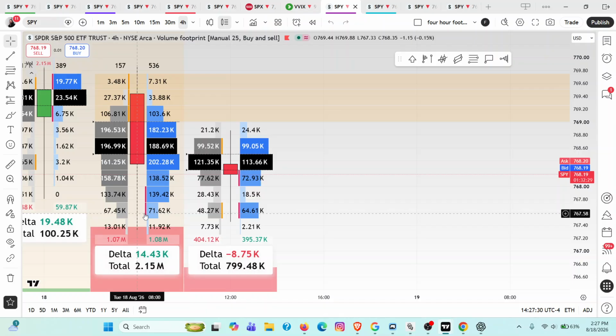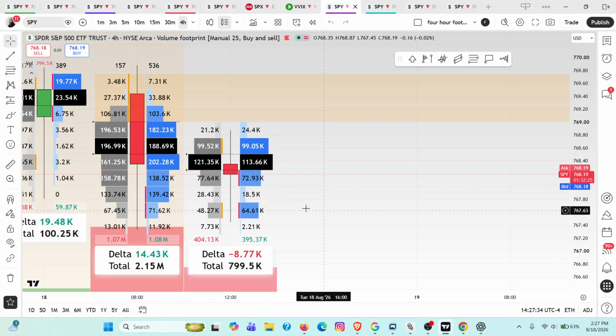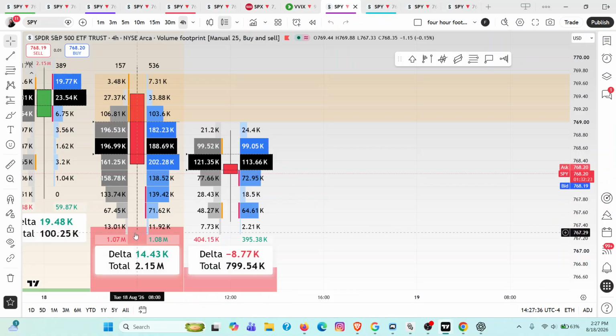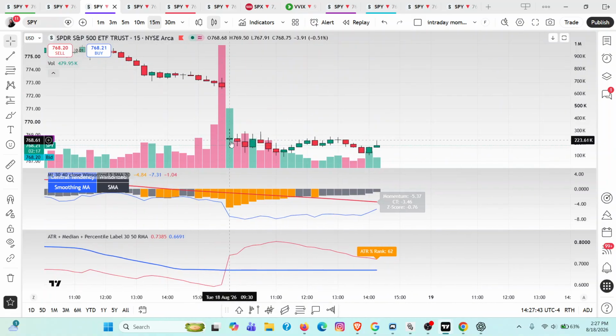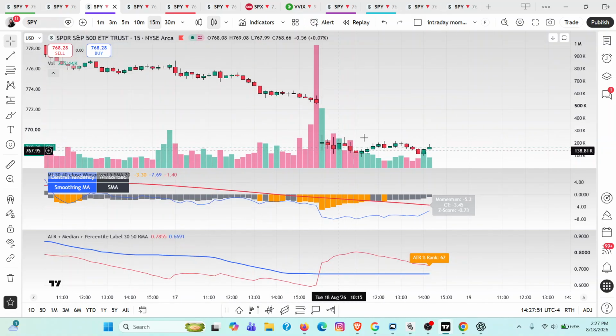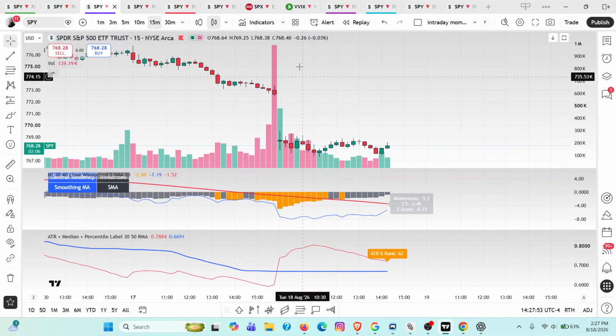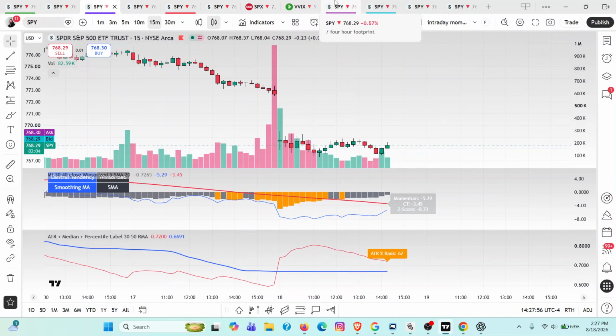So I encourage you to avoid going long in a negative delta and negative momentum environment. You can see the momentum was very negative here. Volatility expanded, momentum was negative. So if I had tried to go long here, I definitely would have lost money. So that's how I'm approaching this market here.